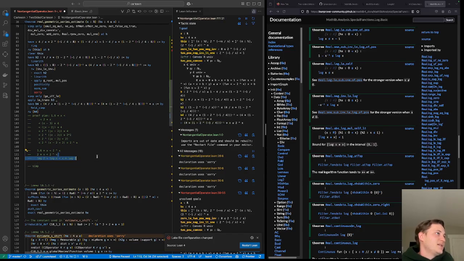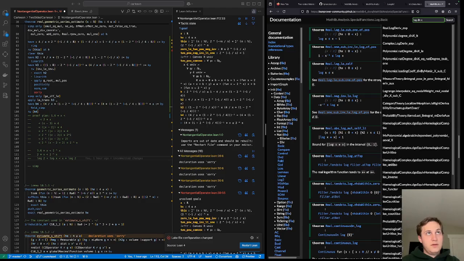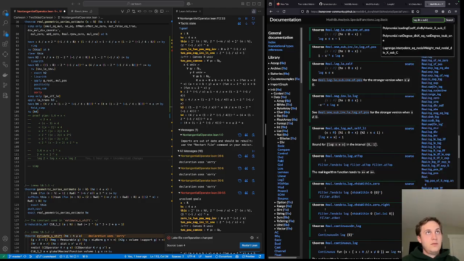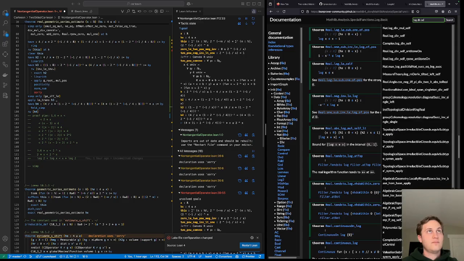The problem is that it's not a pure question of log x over x minus 1 bounded above.